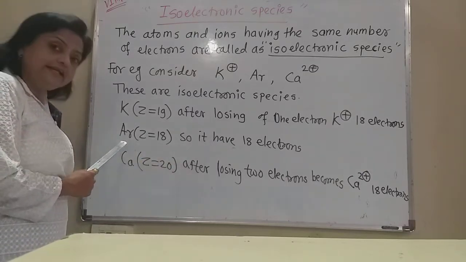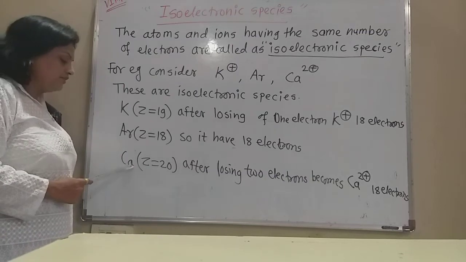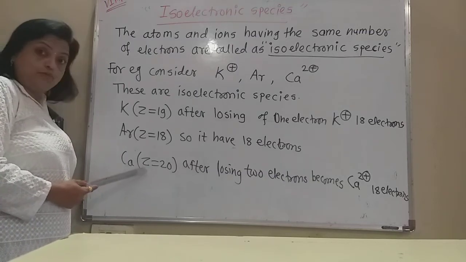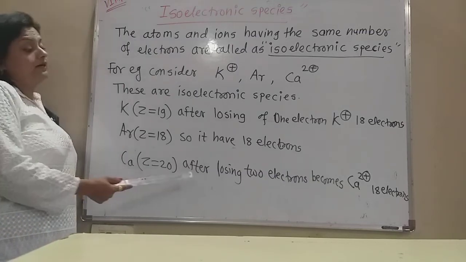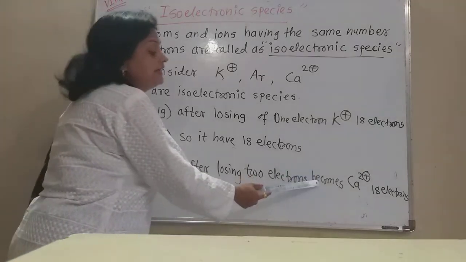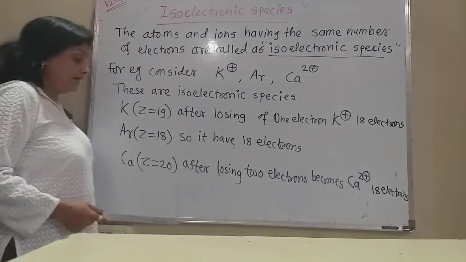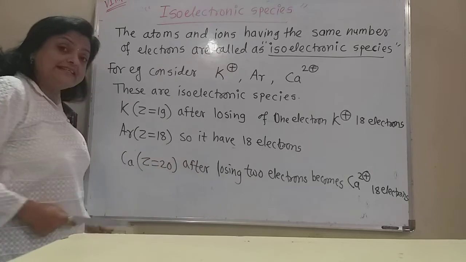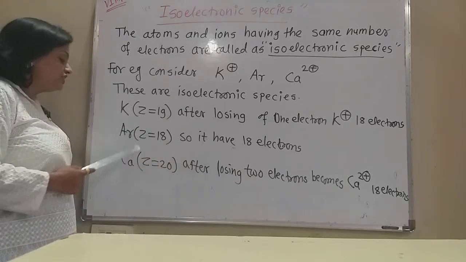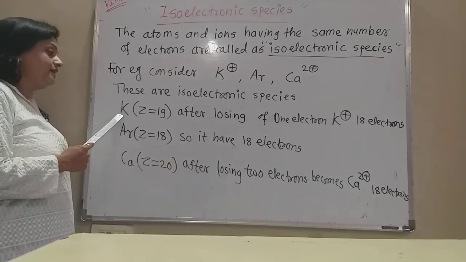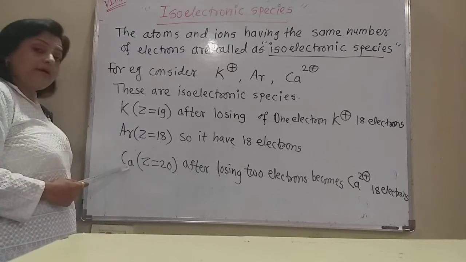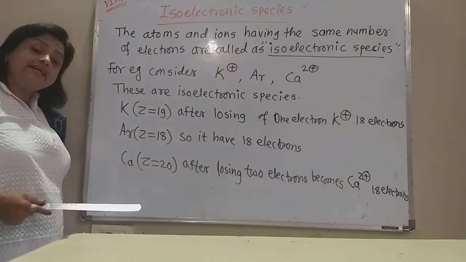Argon is an inert gas. Again calcium, Z equal to 20, but after losing 2 electrons, it becomes calcium 2 plus. Now the electrons are only 18. All these three species, potassium ion, calcium ion and argon, have 18 electrons.